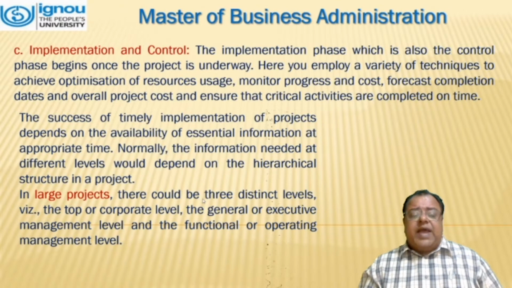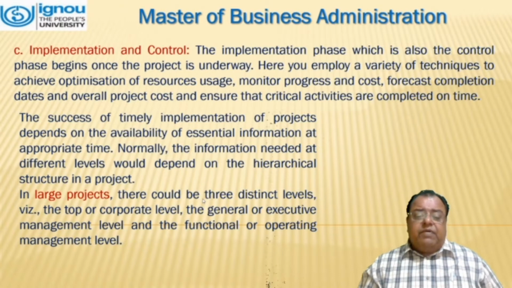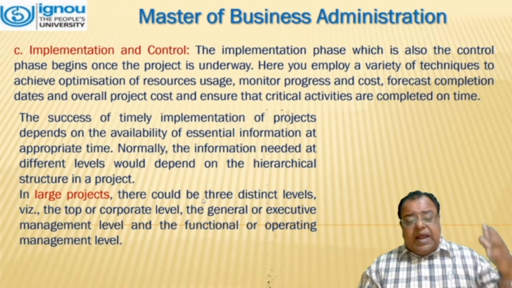The success of timely implementation of projects depends on the availability of essential information at the appropriate time. Normally, the information needed at different levels would depend on the hierarchical structure in the project.